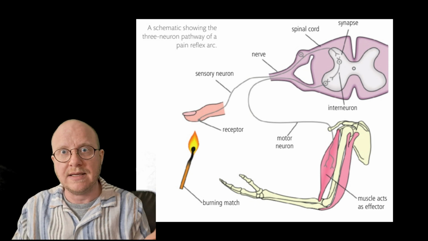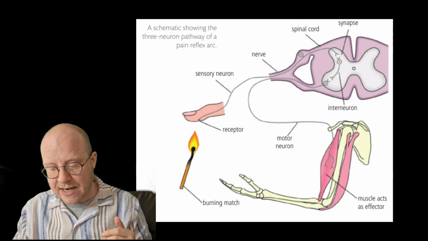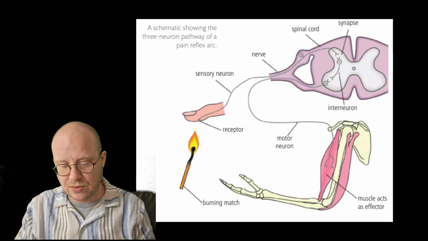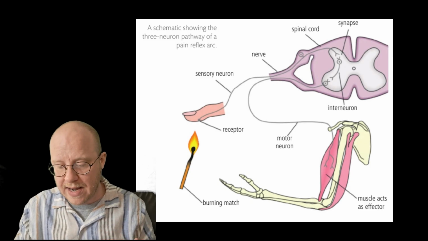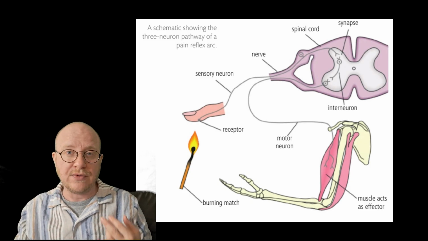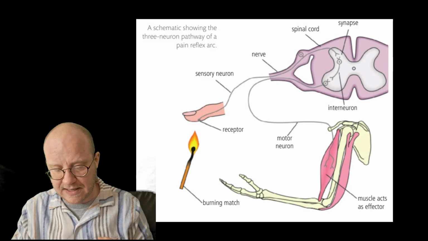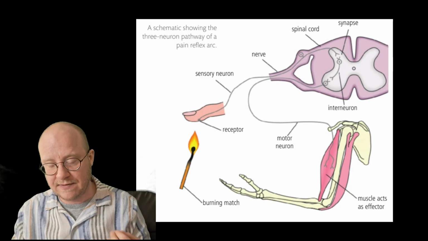That means created and sent back. The pain reflex arc has evolved to limit damage to body tissues by generating a quick reaction involving only 3 neurons. The unusual aspect of this is that the reflex arc uses skeletal muscle as the effector.